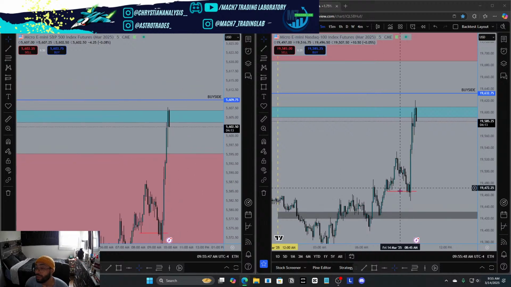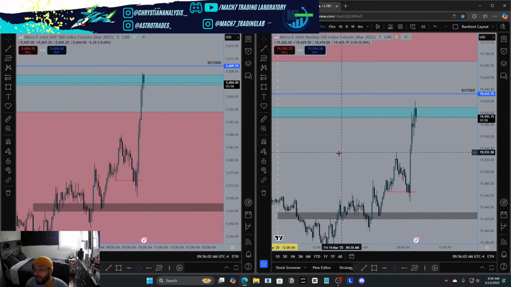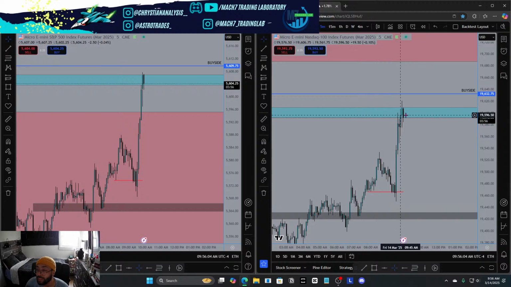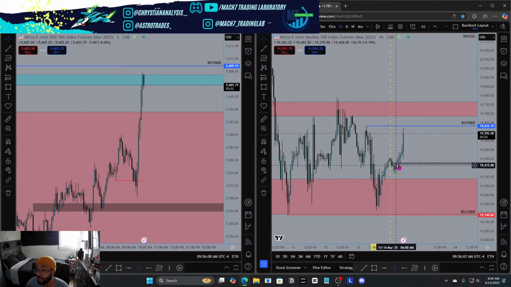All right, same thing on ES. Also, we have sweep on sell stops at 9:30. So we are looking at these SIBI, BISI. Same thing, 5-minute buy side, 1 hour inversion above our daily.